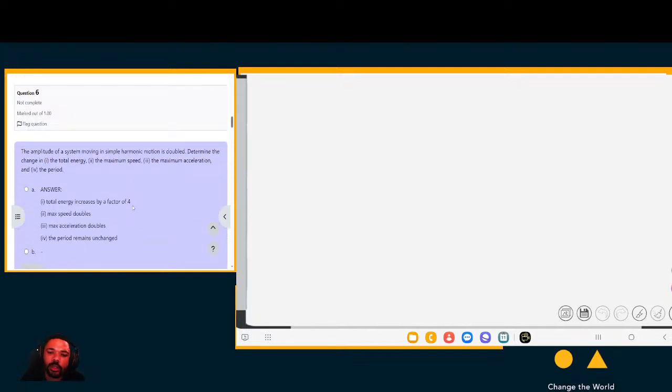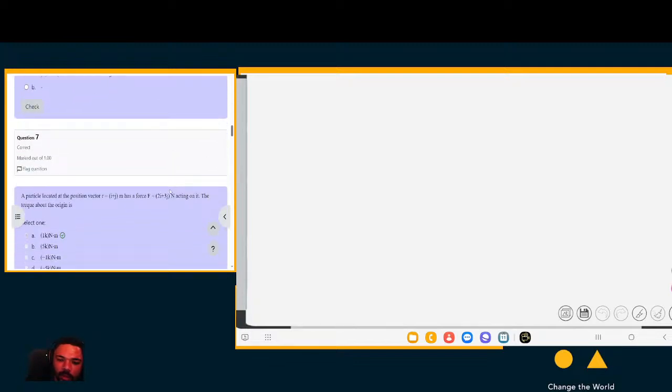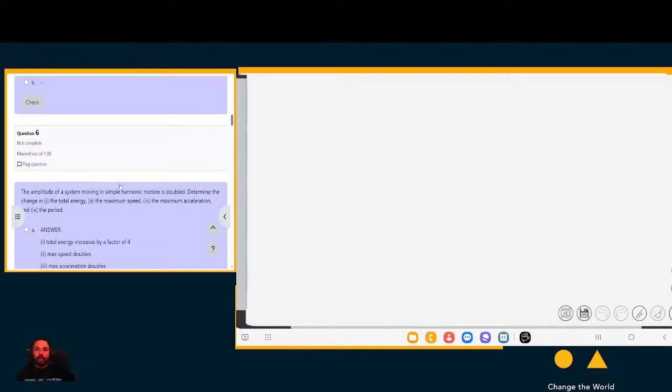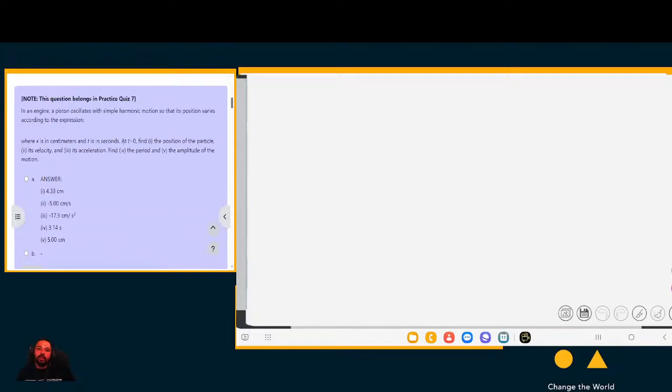From question 6, the amplitude of a simple harmonic motion. Yet I don't think that you guys are here yet. Okay, this one is the only one on simple harmonic motion, so I will go with it as is.